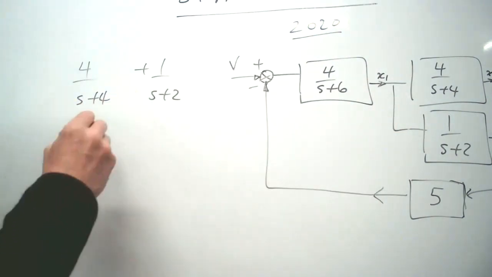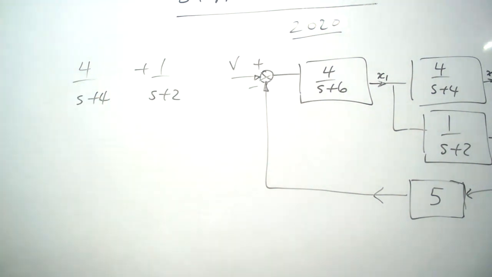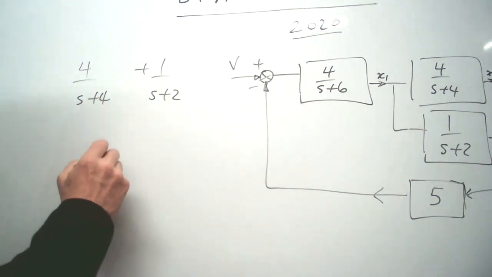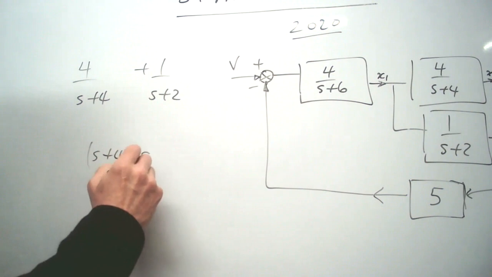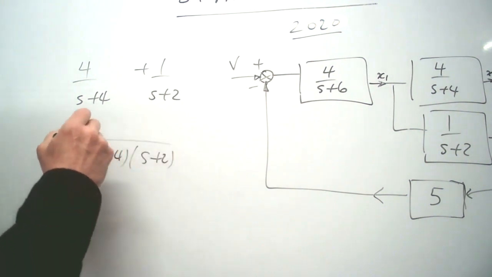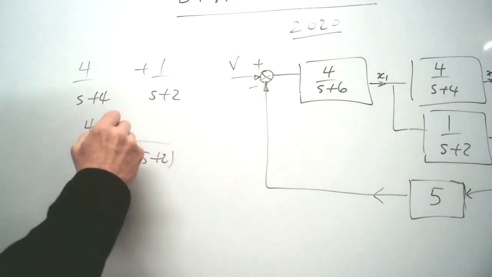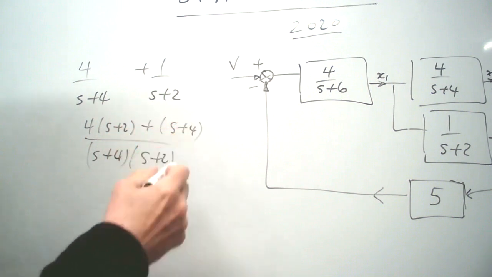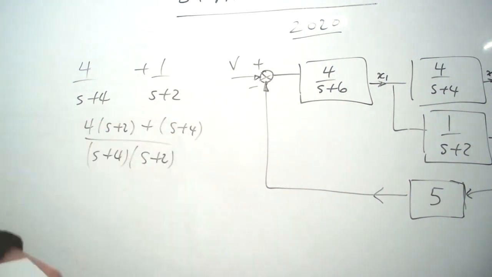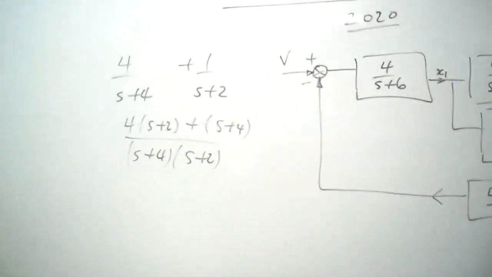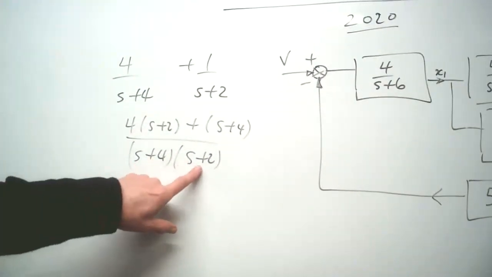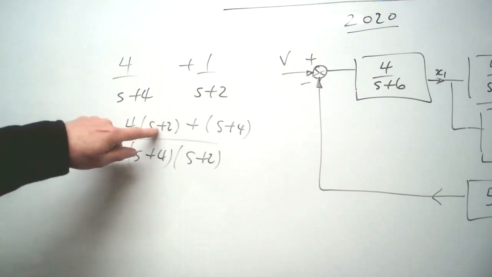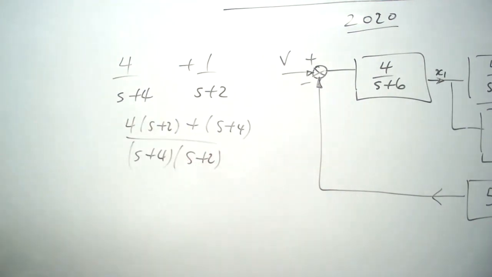It's just like adding fractions, so it's going to be 4 times s plus 2 plus s plus 4, over s plus 4 times s plus 2. We bring it under a common denominator of s plus 4, s plus 2, so the first gains an s plus 2, and the second gives an s plus 4.